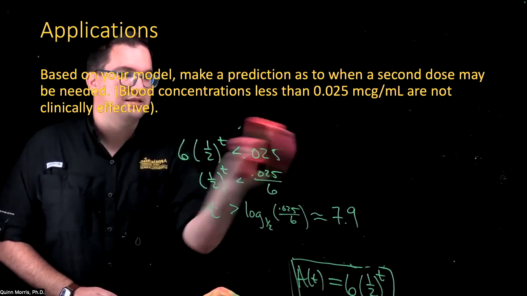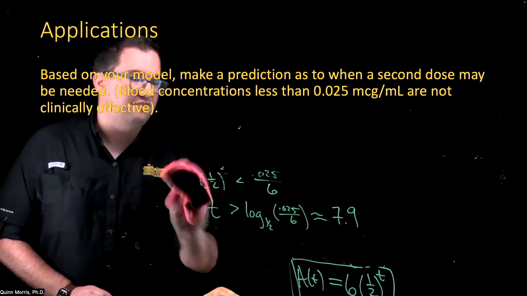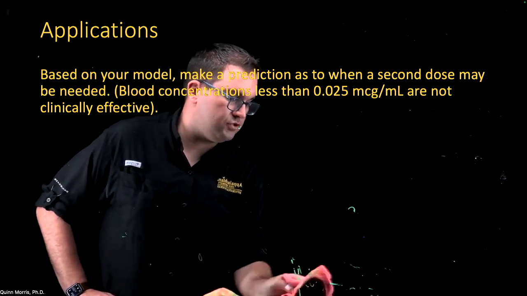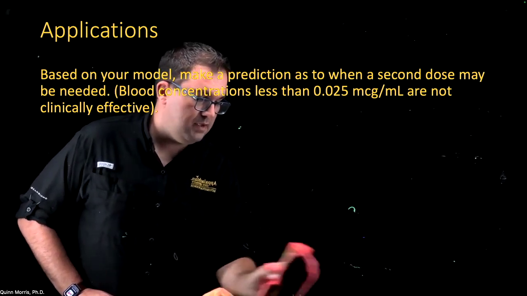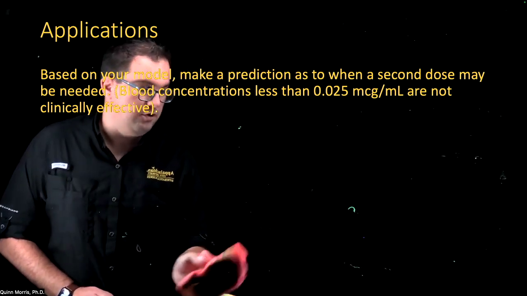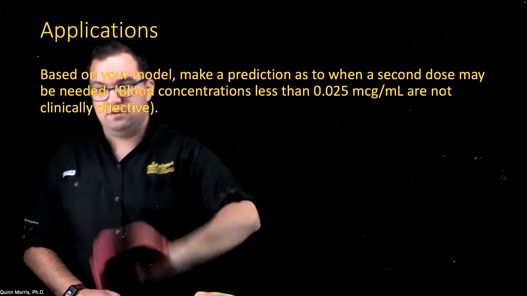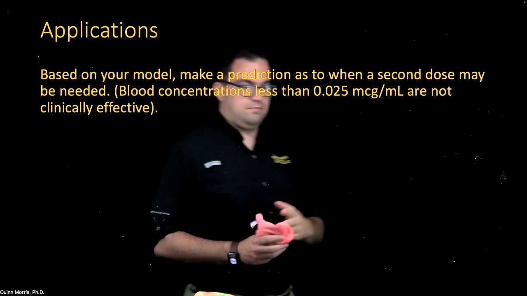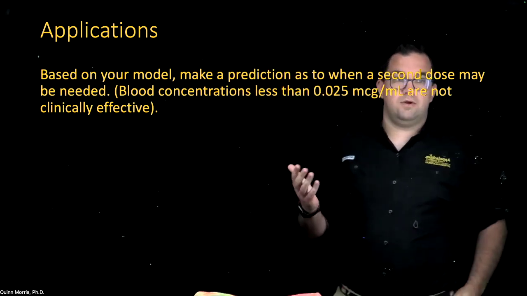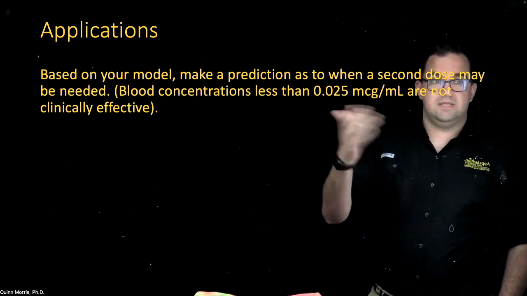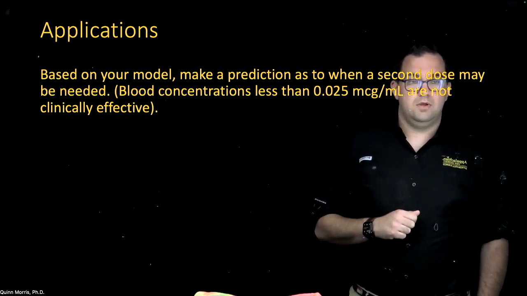So we can see that these sorts of models can in fact be used to help us understand real world problems. And really the benefit here is, if you think about this particular context, one thing you could do is just keep drawing blood and keep drawing blood until you see that the concentration drops too low.